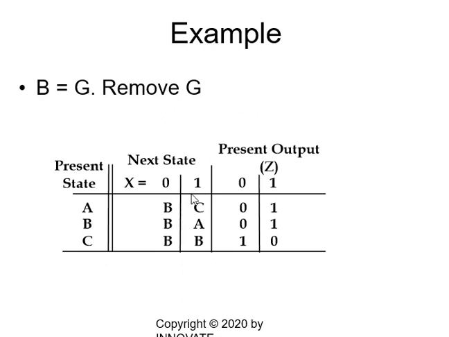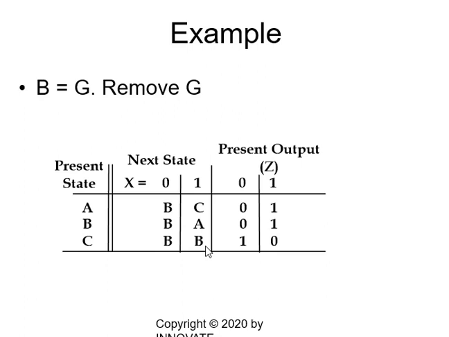But under x is 1, they are C, A. And A is not equivalent to C, because A has 0, 1 output and C has 1, 0 output. So therefore, A cannot be equivalent to B. It is impossible. So the table in front of us with three states is the optimal, minimal table of this machine that we started with and we reduced by inspection.